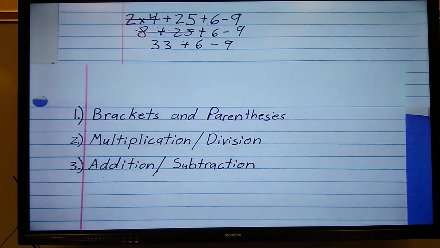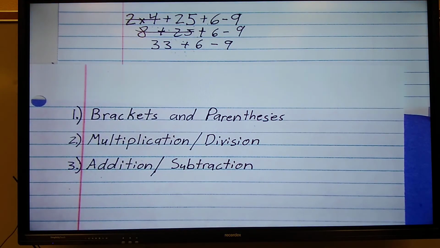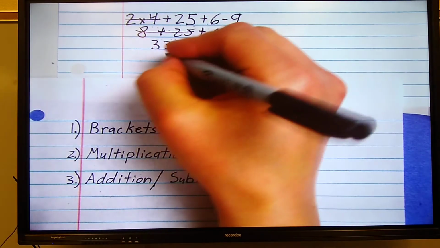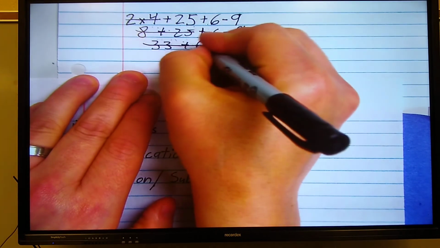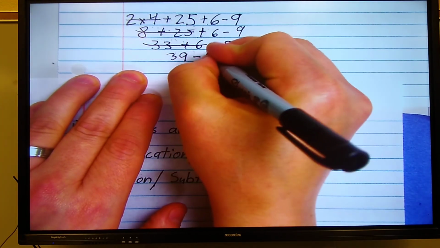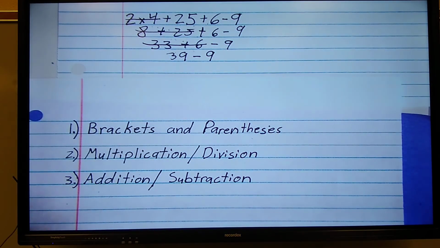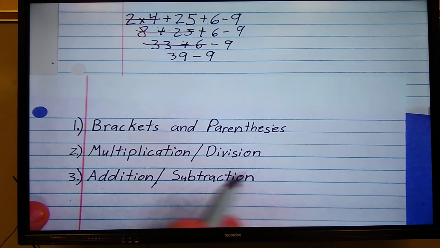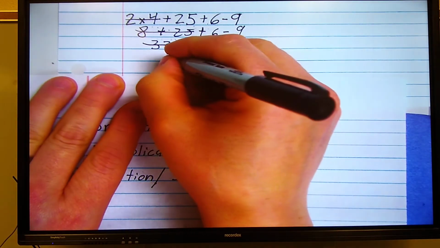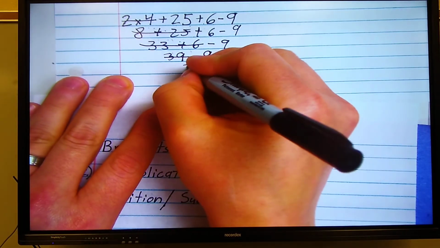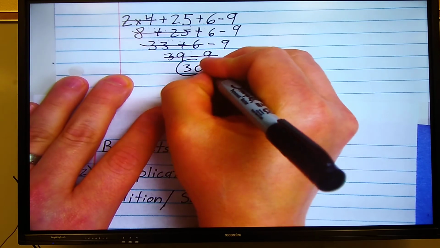And then, working left to right, I have 33 plus 6, which is 39. And then that just leaves me with the subtraction, 39 minus 9. 30 should have been your answer.